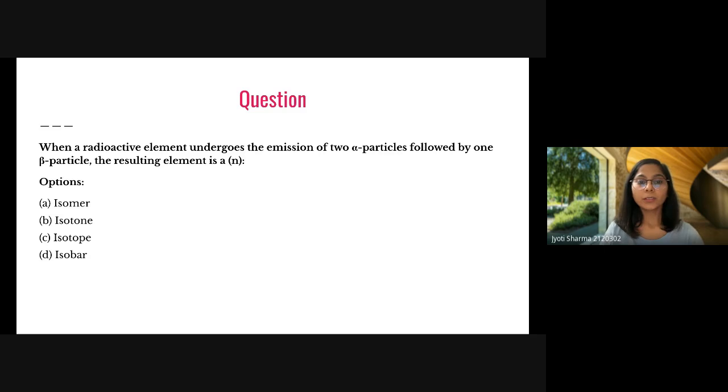Okay, so the thing is, if you have some element, that element is A, and this is giving you helium. Like helium, alpha particle is helium, right? So this is giving you helium, and that helium is 2, 4, right? And then this will give you one element, that is B, followed by one beta particle.